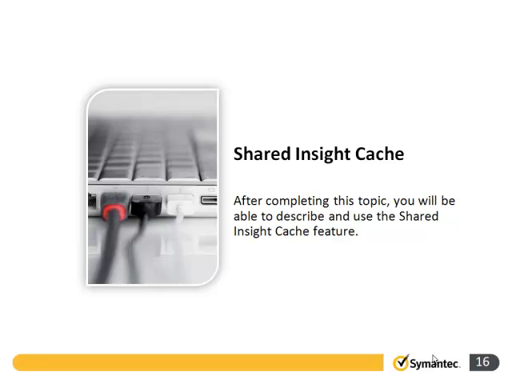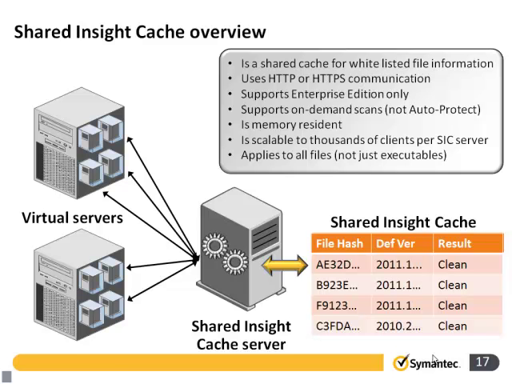Let's look at the shared insight cache now. Shared Insight Cache is basically enabling you to share the information about other servers that are scanning files, creating sort of group whitelists in effect. The shared cache for the whitelisted file information is stored in the Shared Insight Cache.